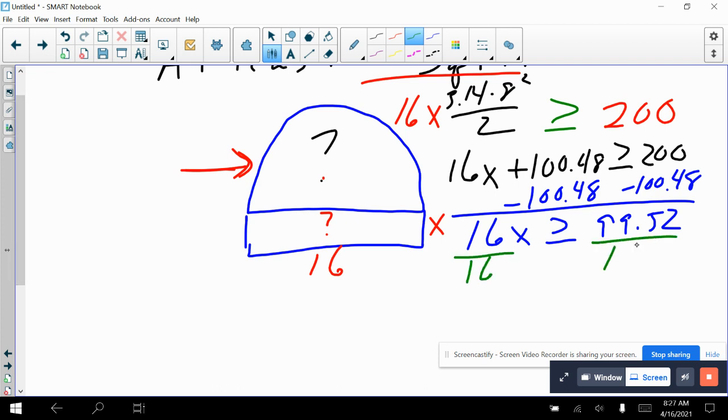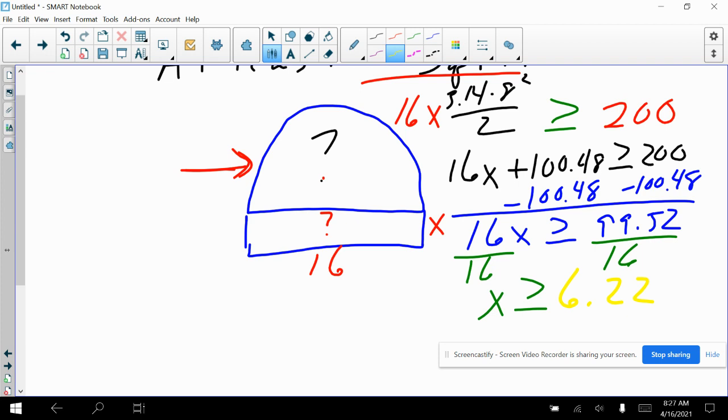Divide by 16. Zach, what's 16 called? There you go. And we're left with an answer of 6.22. So the height of the rectangle can be 6.22, or it can be larger than that.